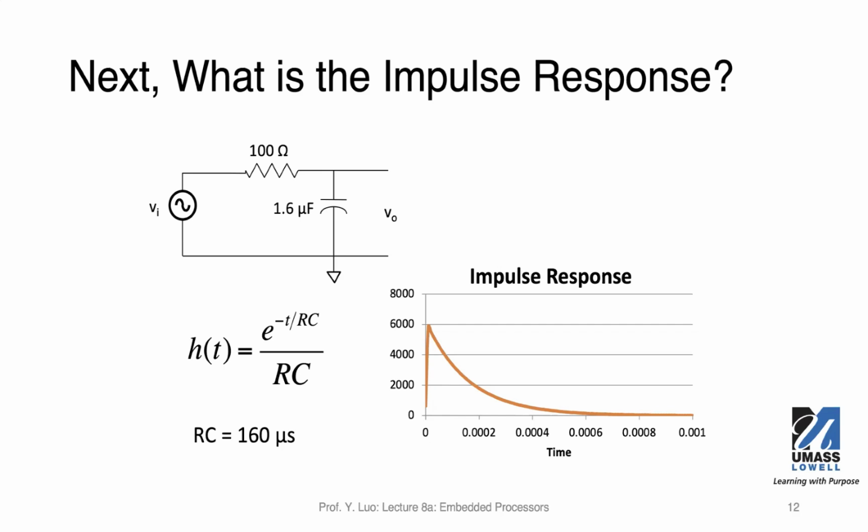One takeaway message from this impulse response is that the actual output that you see on the output side is a transfer function applied to the input signal. So this transfer function will be applied to whatever signal you apply on the input side.